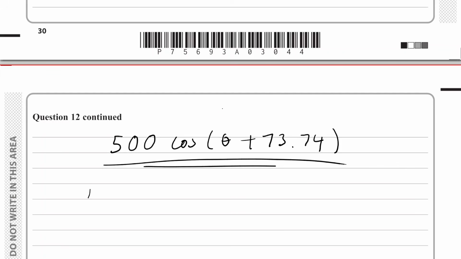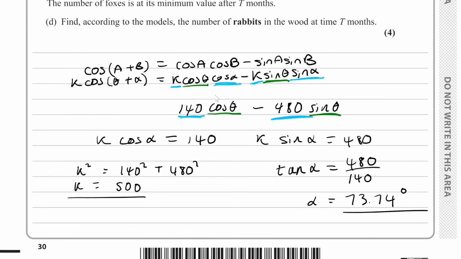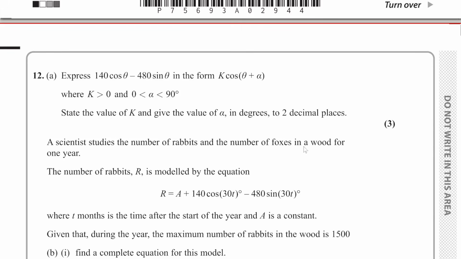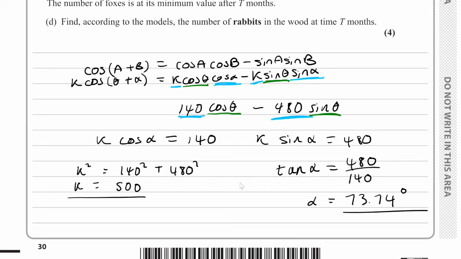So we're changing what we've just worked out. We can change 140 cos 30t minus 480 sine 30t into our k cos(theta plus alpha).